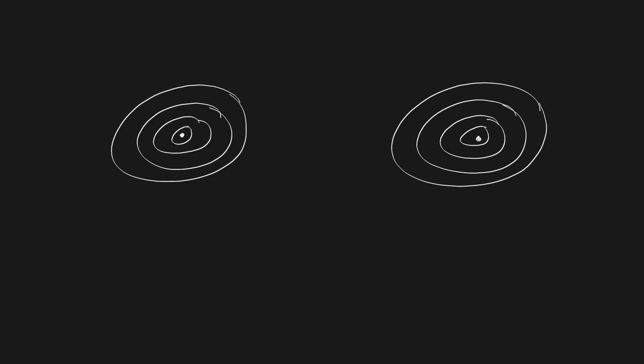Now, if somebody hits the dartboard with a spread or a distribution of darts that looks kind of like this, they're not really a great dart player. However, they are pointed in generally the right direction. If you were to average out where all of these were, if you look at this distribution, the center is in and around where it's supposed to be, where they're supposed to be targeting.